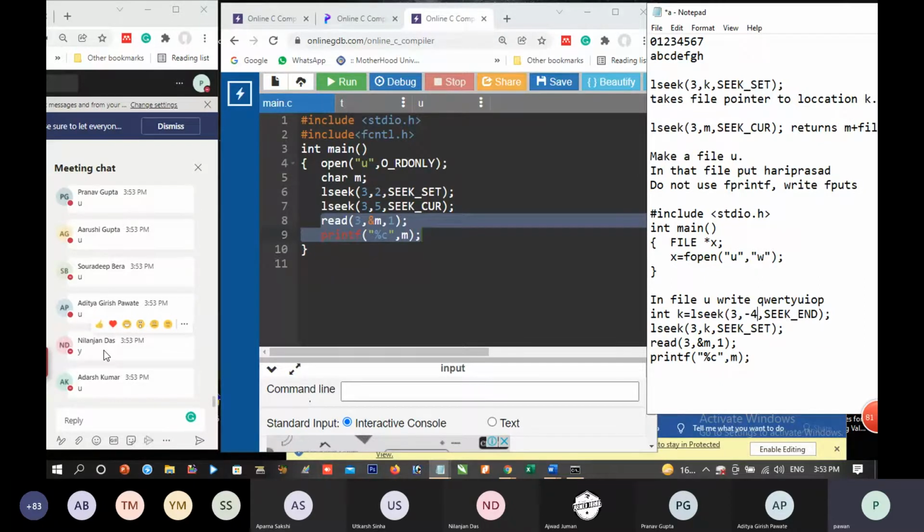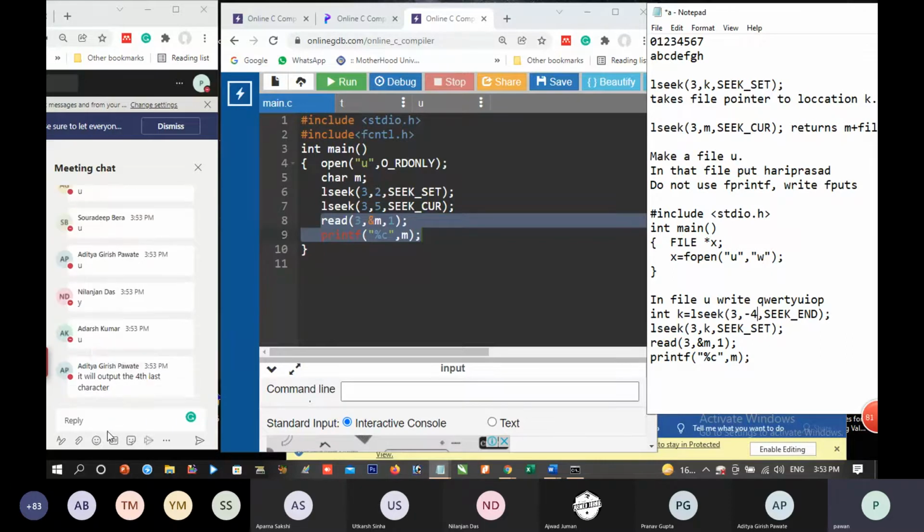You execute it also, Nilanjan. But what is the last? In Ubuntu, last is something else. Is it correct? What is the last? Ubuntu last and this editor last are different. How to make it the same?